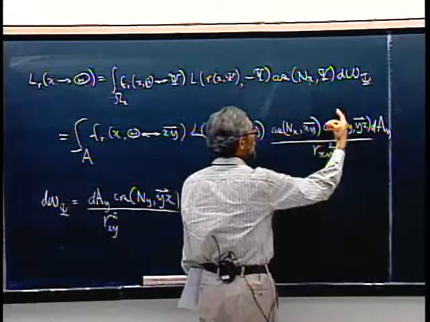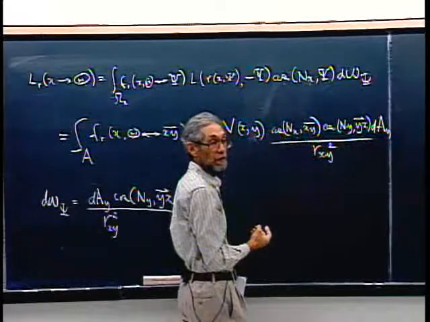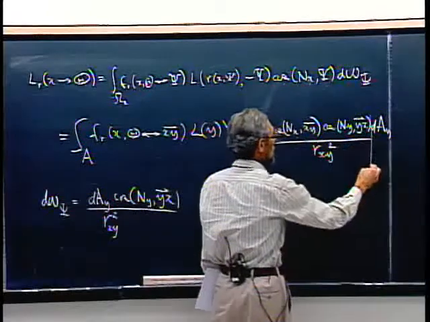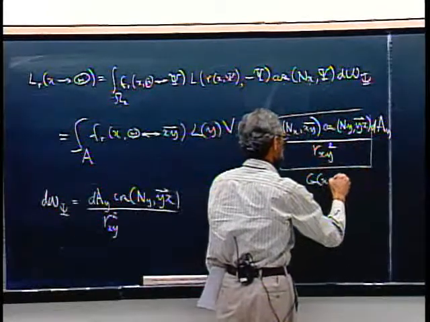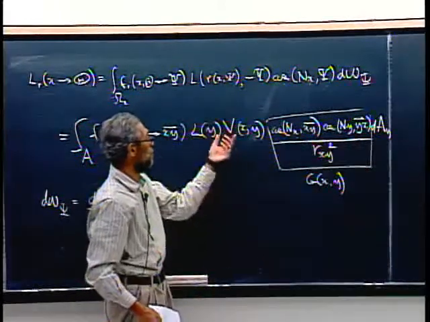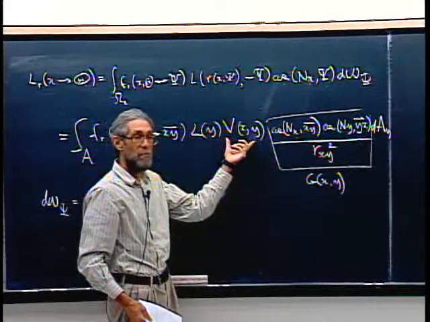This much of it corresponds to d omega, and I put this one on there too. And so this quantity, this much of it, is called the geometry factor, Gxy. If you read research papers, some other authors put the Vxy in there too as part of the geometry factor, but our book doesn't.